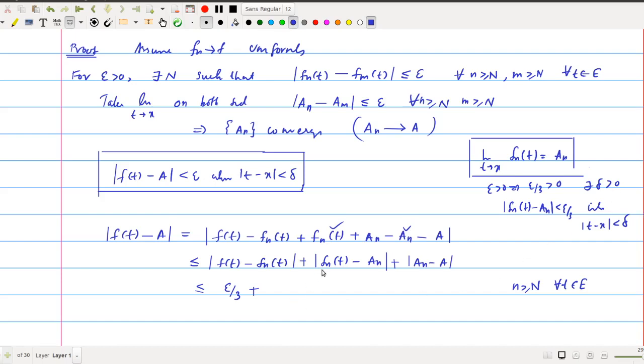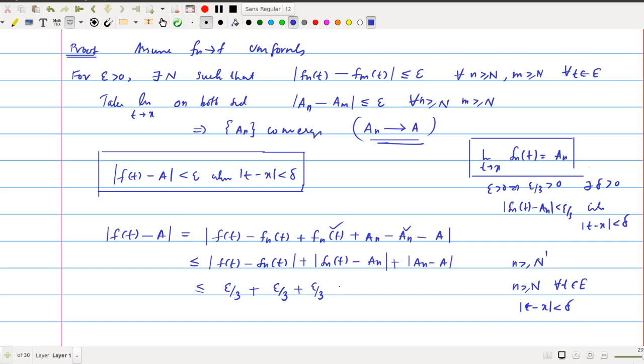So this can be made less than epsilon by 3 for all t satisfying mod t minus x less than delta. And we have already seen that an converges to a, so this can be made less than epsilon by 3 as n is greater than or equal to some N prime.